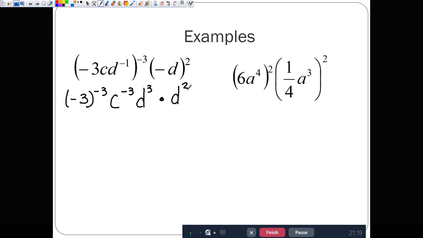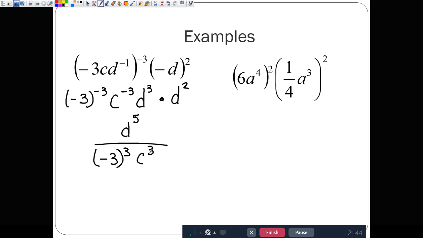Okay, then I need to evaluate here. Okay, I have a negative exponent and a negative exponent. So those need to get moved to the bottom. Okay, but I can multiply my D's, right? 3 and 2, so that would be 5. And then on the bottom, I'm going to have -3 raised to the 3rd and C raised to the 3rd.